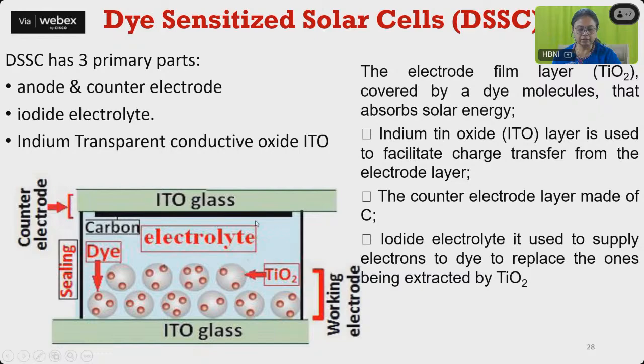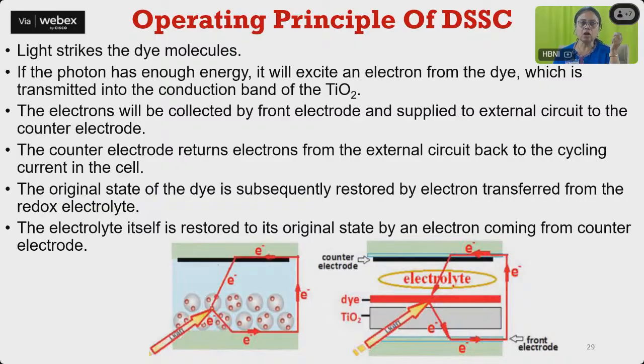So we have this counter electrode, and an iodine electrolyte or some kind of electrolyte is used to supply electrons to the dye to replace the one being extracted. So how it works: the light strikes the dye molecule, and if the photon has enough energy, it will excite an electron from the dye, which is transmitted into the conduction band of the TiO2.